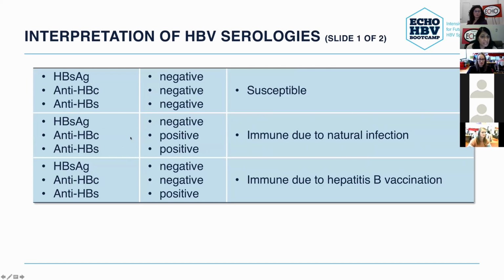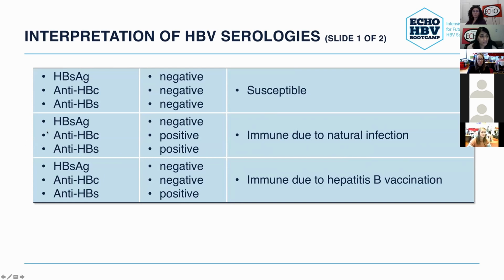The next scenario is somebody, again, who's hepatitis B surface antigen negative, so they don't have active infection. But when you test their core antibody and surface antibody, both of those tests come back positive. And remember, surface antibody by itself certainly tells us somebody's immune, but it doesn't tell us whether they're immune because they were infected and cleared the virus or because they got vaccinated.